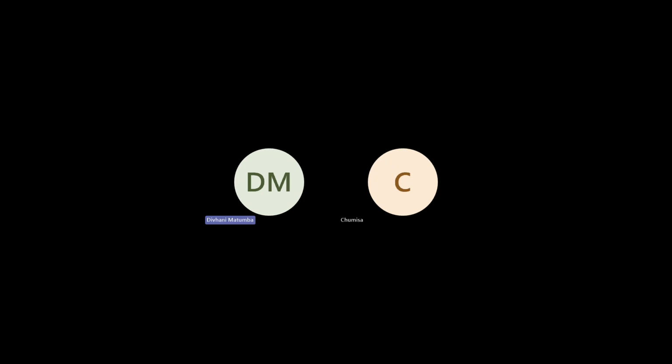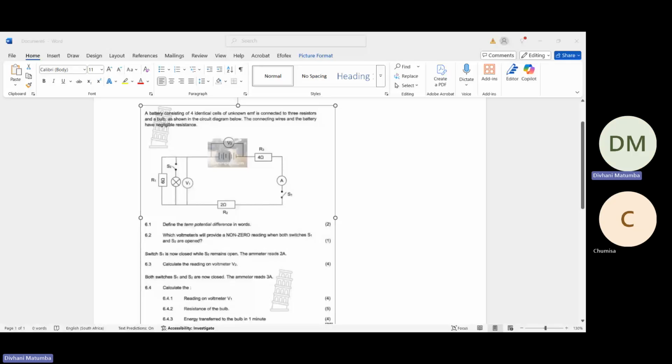Now I want to share the screen so we can continue. This is what we have. Now, a battery consisting of 4 identical cells of unknown EMF is connected to 3 resistors and a bulb. Oh, you can't see.